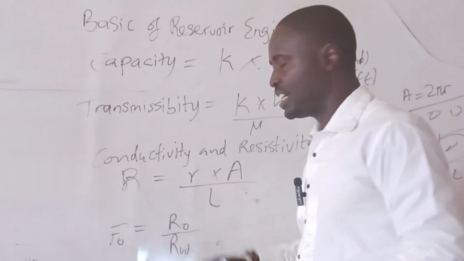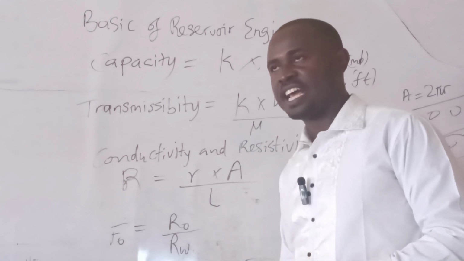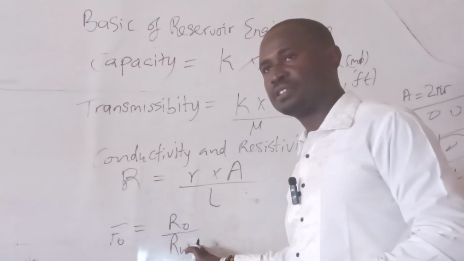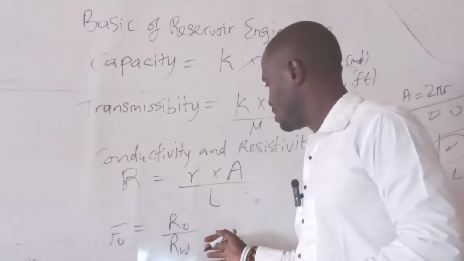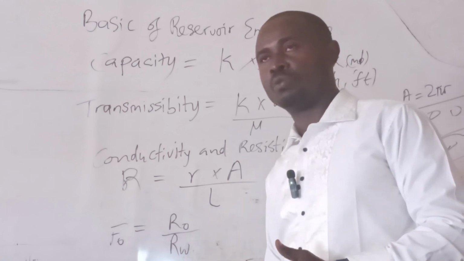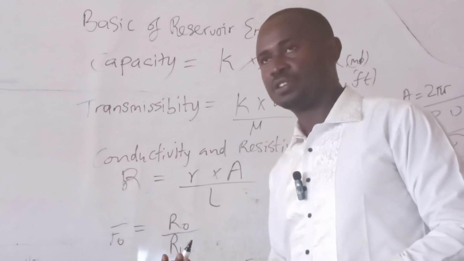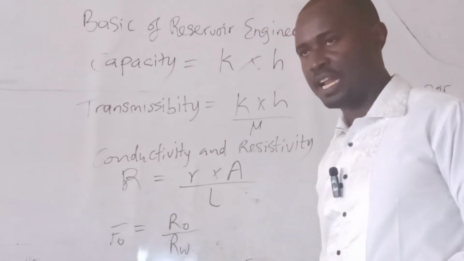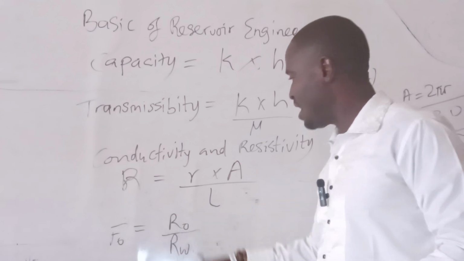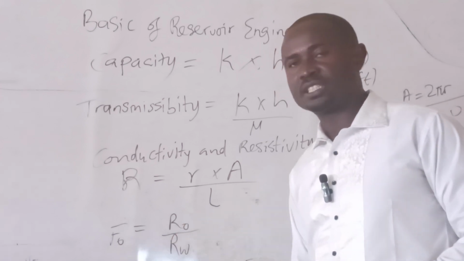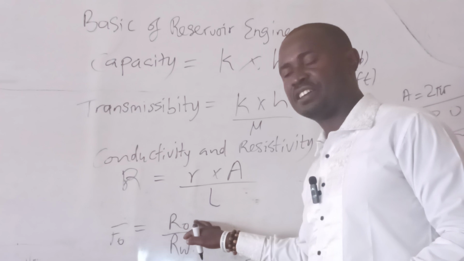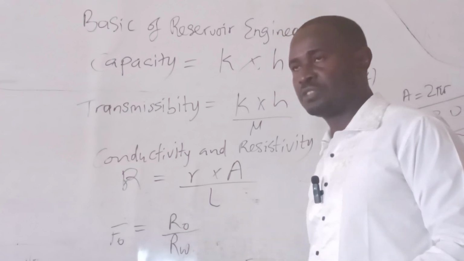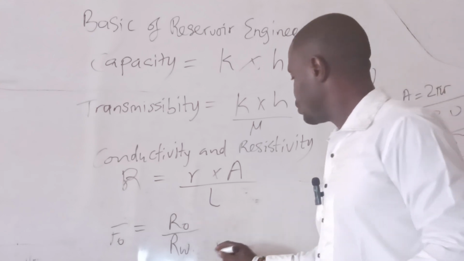Recall, we have mentioned that the oil and the gas are usually resistive to electric currents, and the water, especially water with high ionic concentration of salt, is conductive to electricity. Therefore, our formation resistivity factor is the resistivity of the non-conductive phase over the resistivity of the conductive phase.